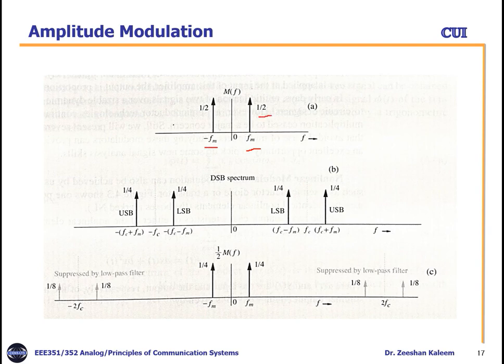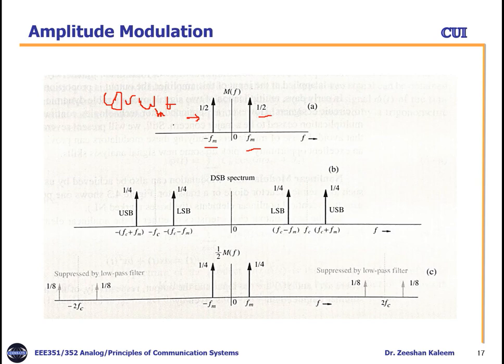So this is the frequency domain version of cos omega m t. This is our cos omega m t, and when we do the Fourier transform, we will get this one.